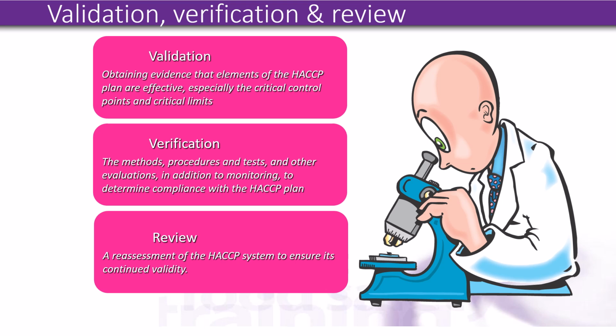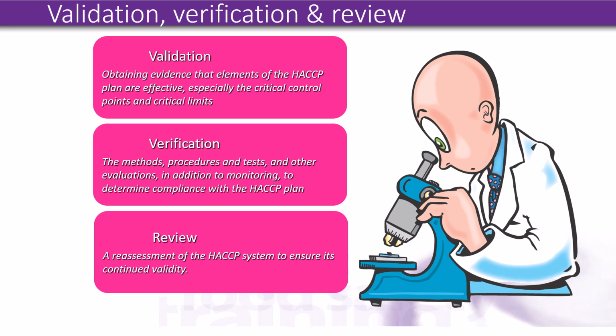So validation really is once everything has been completed before you start HACCP, it needs to be validated. Everything needs to be checked to make sure it's okay. It's going to work for every occasion. So it's like a one-off once you've done HACCP. Verification is ongoing.